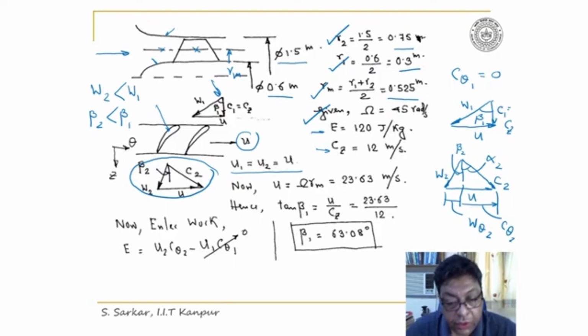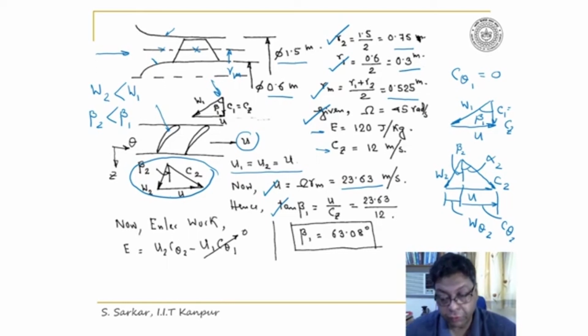Now, U, the blade speed, is equal to omega into Rm at the mean radius. Omega is given, Rm I have just calculated. If you do the product of the two, this will be 23.63 meters per second. Thus, from the inlet velocity triangle, I can project tan beta 1 is equal to U by Cz.